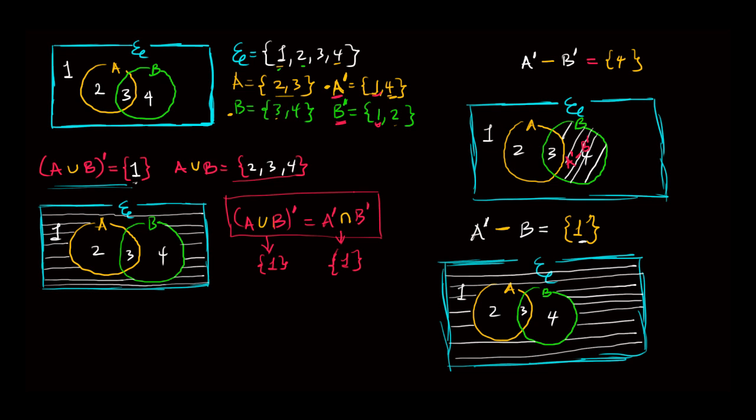So here we can just say A intersect B prime is still the same thing as A prime minus B. So these are all the same. They are all the same thing.